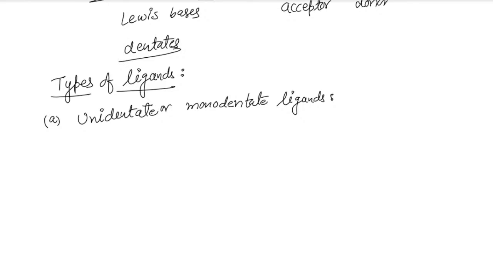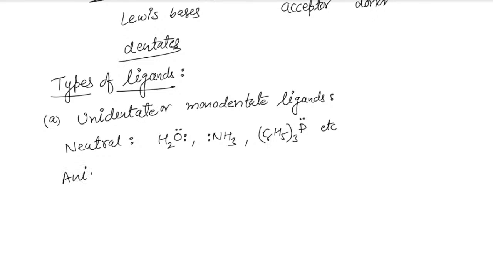They have one donor atom with a lone pair of electrons, and it may be neutral or anionic. They have only one electron pair for donation. Neutral ones are like water. It has two lone pairs, but only one can be donated. Ammonia, even triphenylphosphine are neutral monodentate ligands.